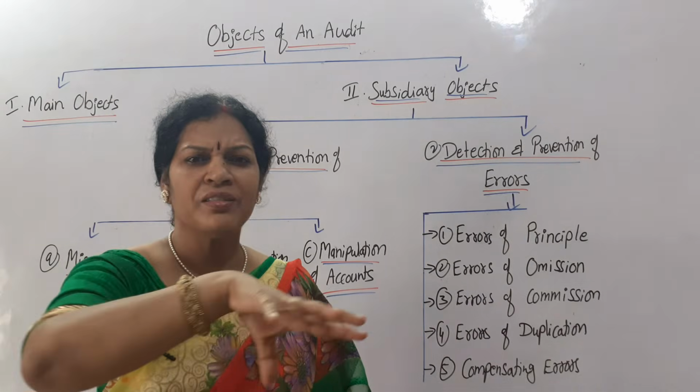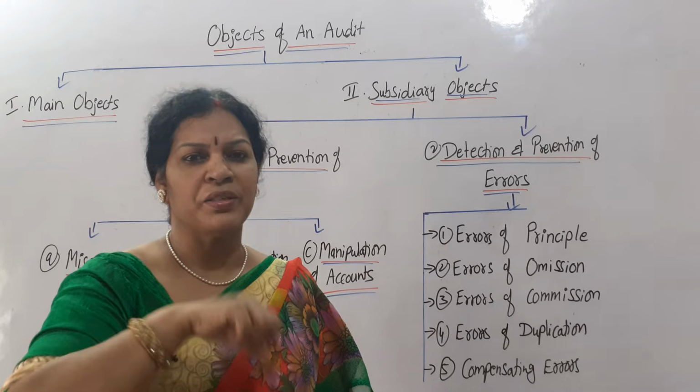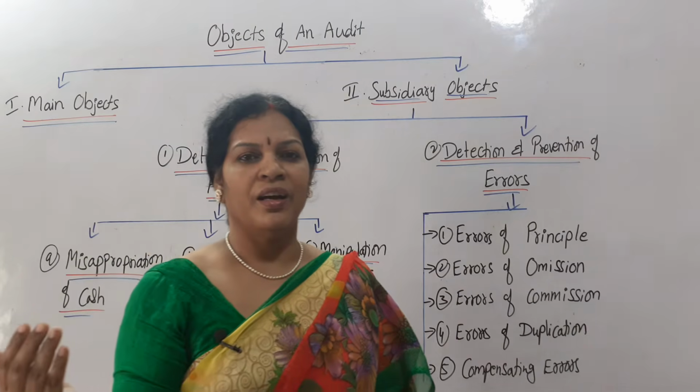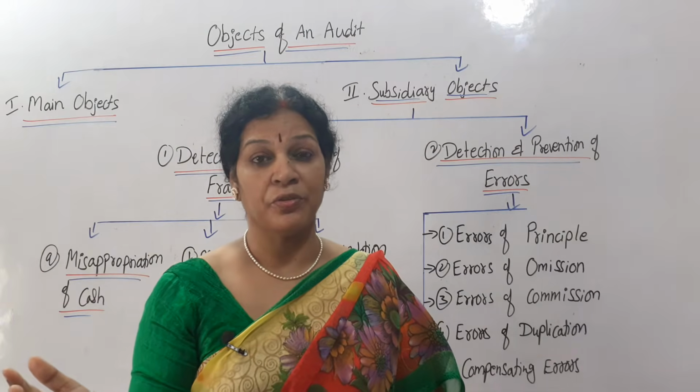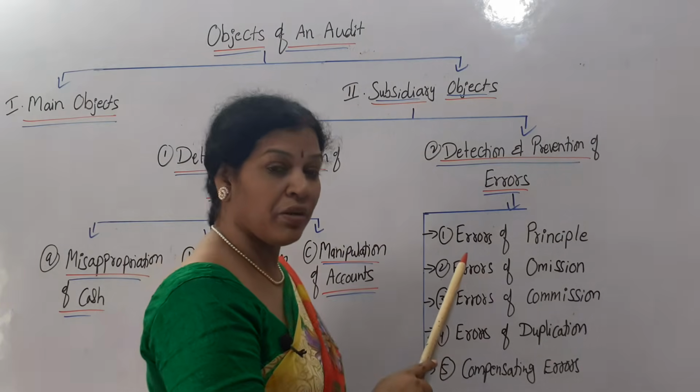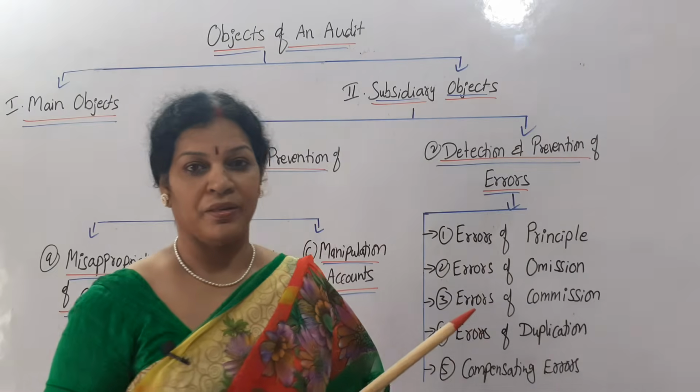Means at the root level itself there is a mistake, and that automatically affects the future accounts. That is why we call it an error of principle.